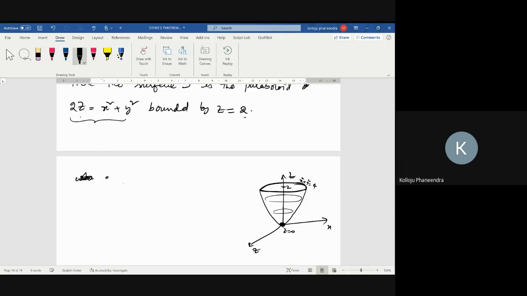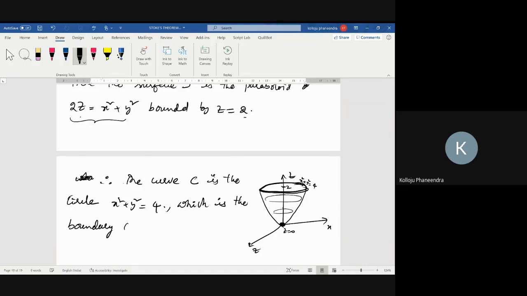Therefore, the curve C is the circle x square plus y square equal to 4, which is the boundary of the surface, bounded by the paraboloid.